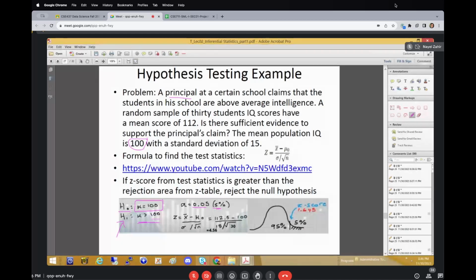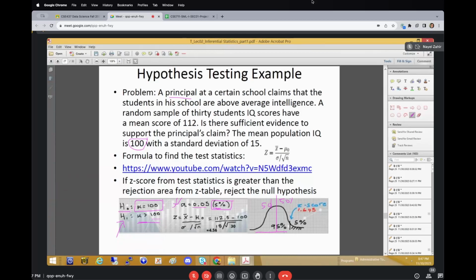Then the next thing is to find the values from the Z table, that is the Z score, the critical value from the table. And it is a one tail test. Here is 50%, and here is 50%. With a significance level of 0.05, that is 5%, we have 100 minus 5, that is 95%.